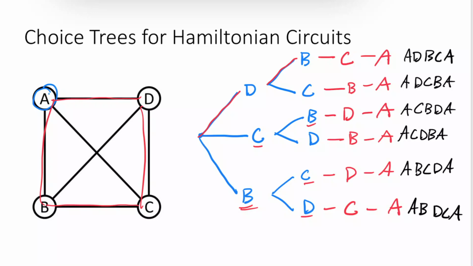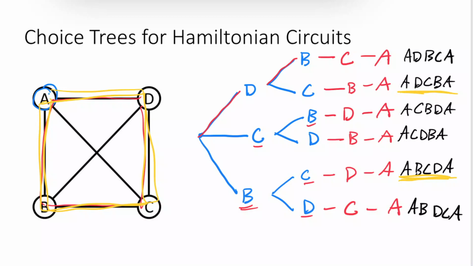So for example, this circuit, ABCDA, that's the same circuit as this one, which was ADCBA. And so these 2 circuits are the same circuit, just one of them goes around clockwise or one direction and one of them goes the other direction.